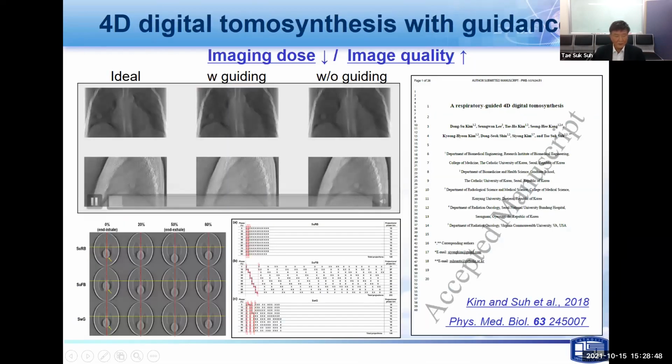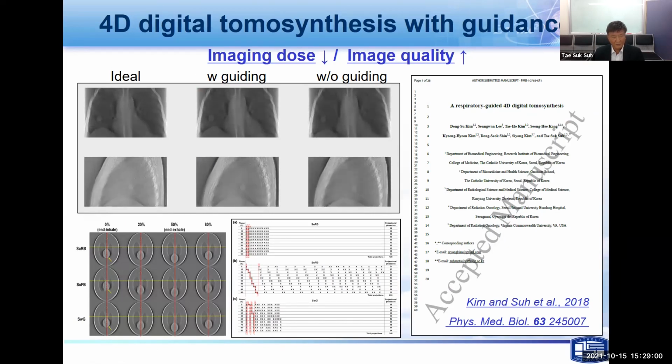Okay, let me briefly introduce more image guidance research for the localization of the moving target. We developed a respiratory guided 4D digital tomosynthesis to improve image quality and reduce imaging dose.